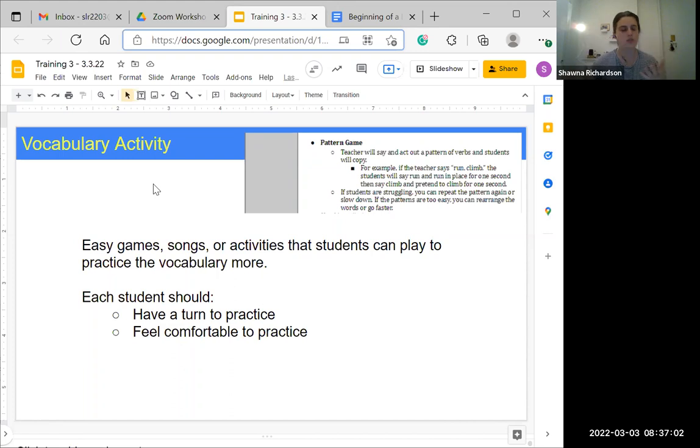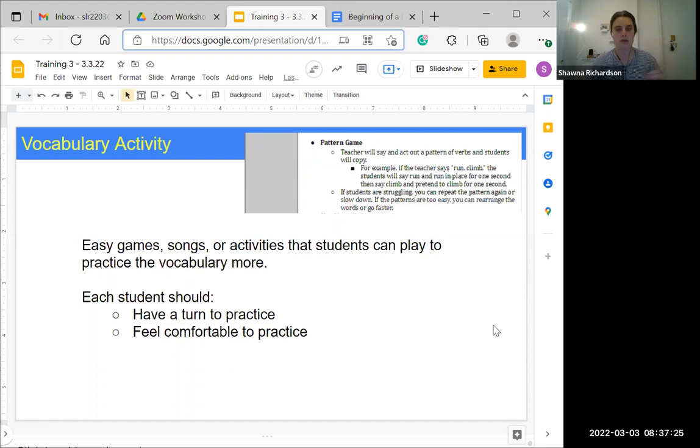You've just introduced the words, had them say the words, acted out the words, used a sentence, and now it's helpful to keep practicing by doing a fun game that engages students, or it could be a song or something like that.